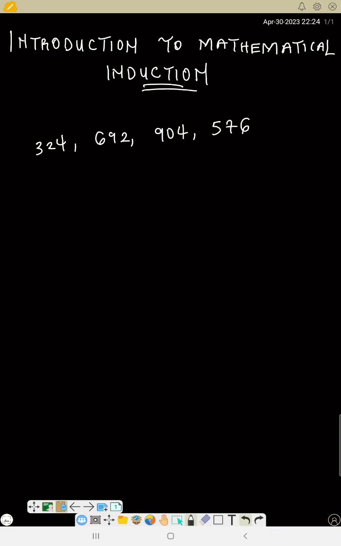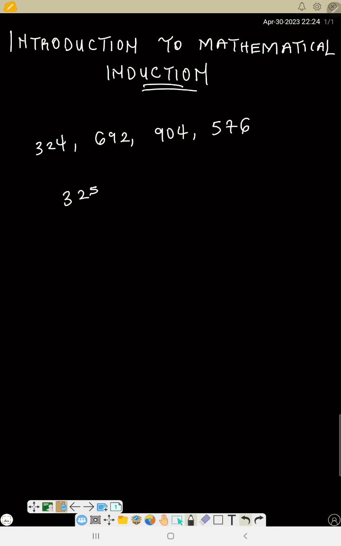But this is not true, because 325 is not divisible by 4. If at all this conjecture were true, we could have established its validity either by verifying the conjecture for all possible 3-digit numbers or by using some mathematical process of induction.